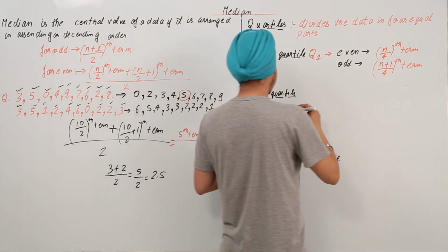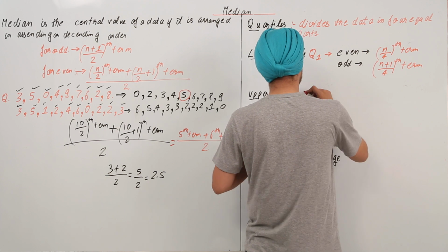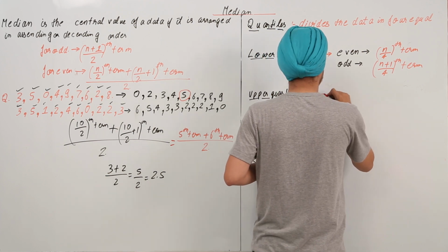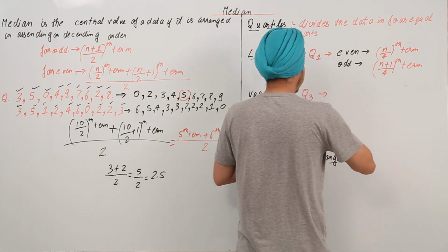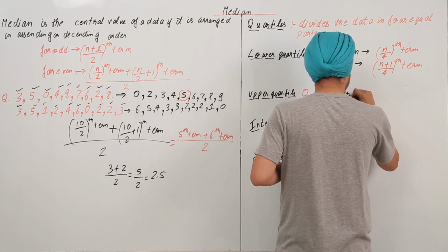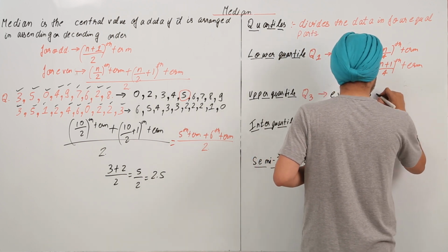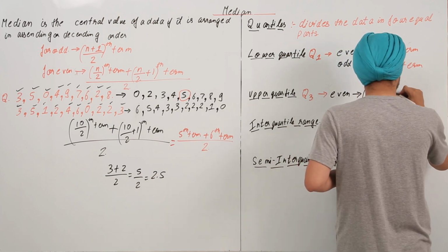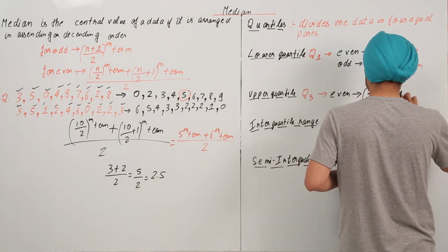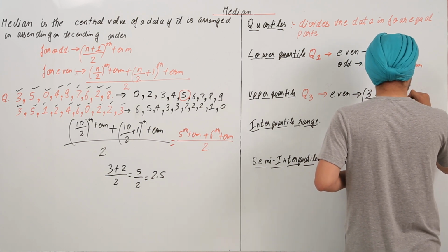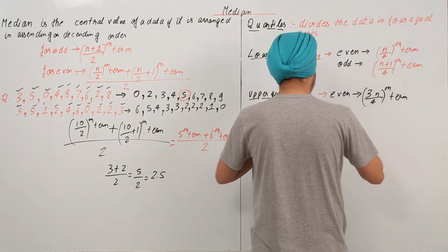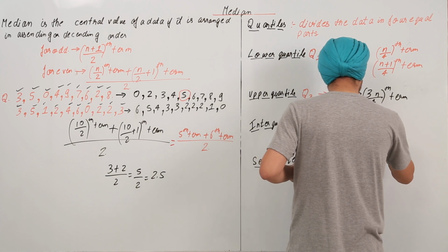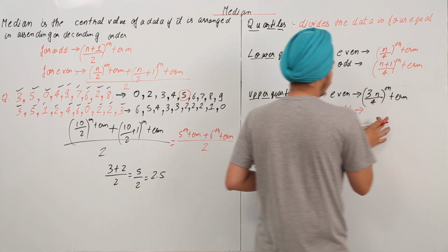Now the upper quartile, which is denoted by Q3, for even, is equal to the 3n by 4th term, and for odd, what would this be?